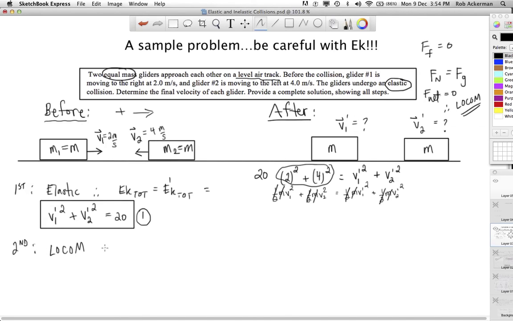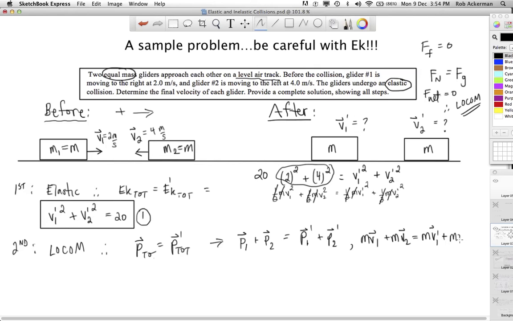From the law of conservation of momentum, I can say that P total equals P prime total. And so, what I'm going to get from this is P1 plus P2 equals P1 prime plus P2 prime. mv1 plus mv2 equals mv1 prime plus mv2 prime.